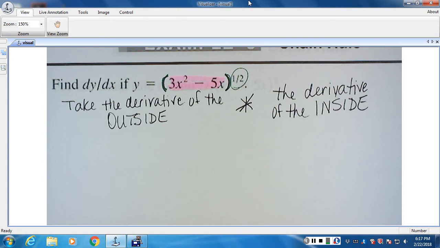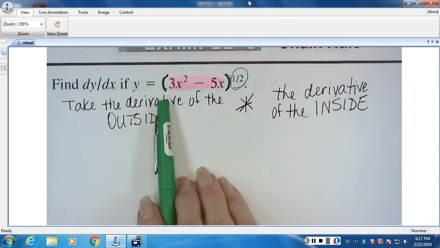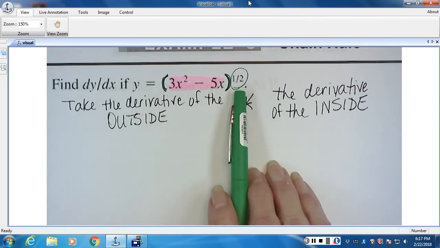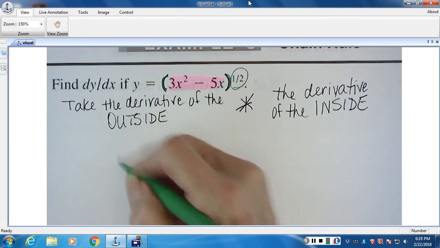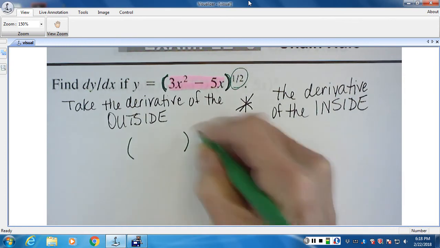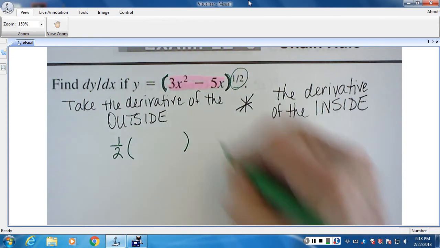We're going to take the derivative of the outside and multiply it times the derivative of the inside. So the outside function is something raised to the 1/2 power. And the way that I do the derivative of something raised to the 1/2 power is I take the power down in front, and then I subtract 1 from the power.